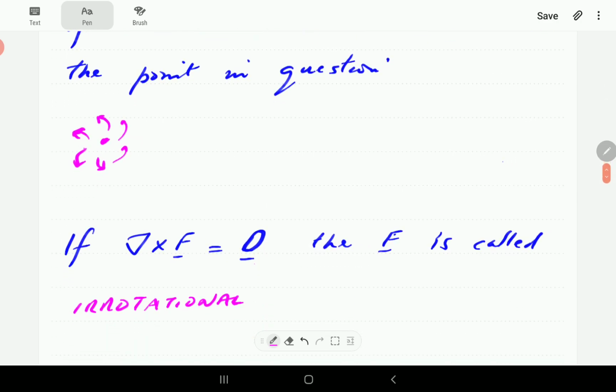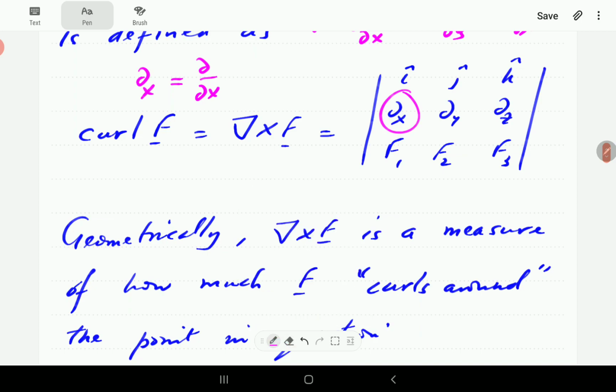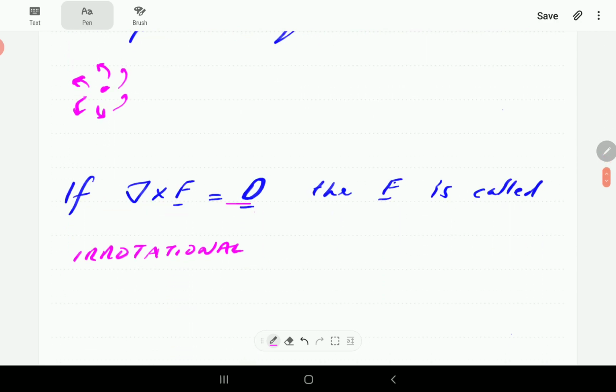The other thing to note is that the curl of a vector is going to be a vector itself. It's going to have 3 components. If the curl of the vector is 0, then that vector is called irrotational.